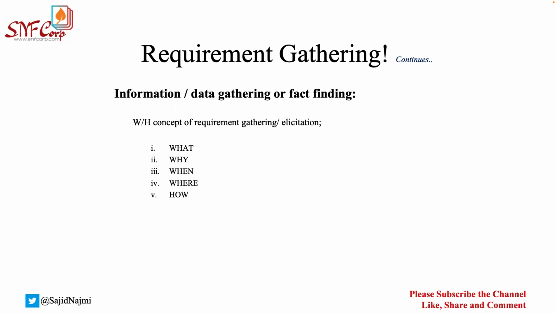The customer can also give you a tentative, high-level ballpark timeline: this is what I need, this is why I need it, and I want you to deliver it by this date and at this place. So during requirement gathering you focus on what and why, and you may also capture when and where. But how is a big no.